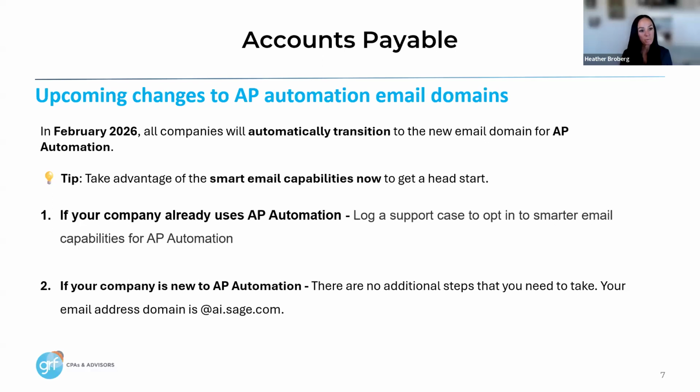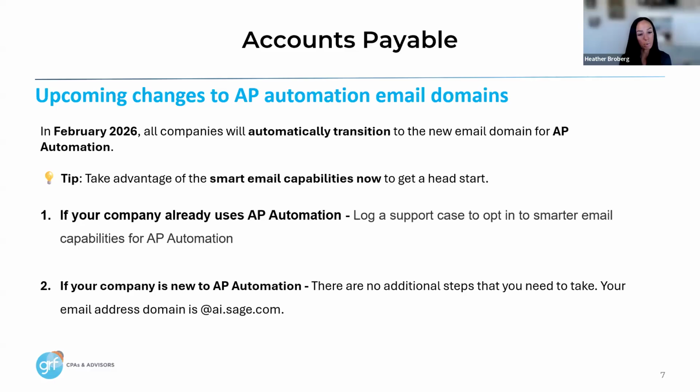So in February of 2026, all organizations are automatically going to be transitioned to the new email domain for all AP automation. Again, if your company is already using it, you're going to want to do some administrative things in advance of February 2026. You can go ahead and actually do this now if you want.